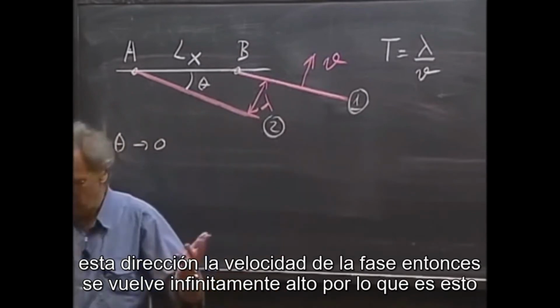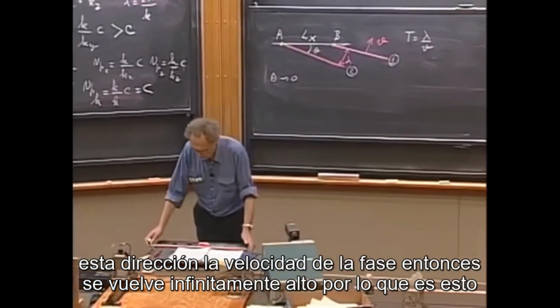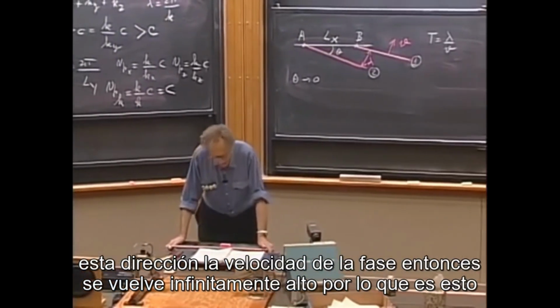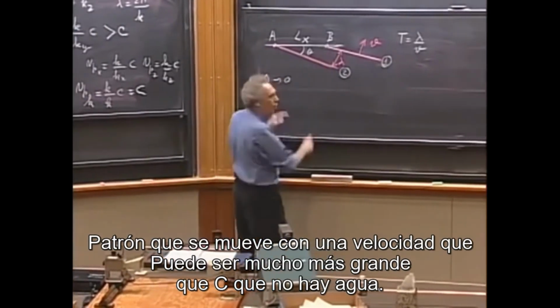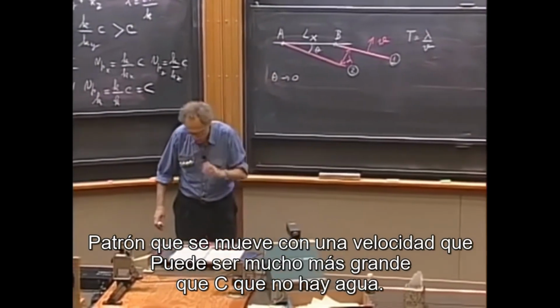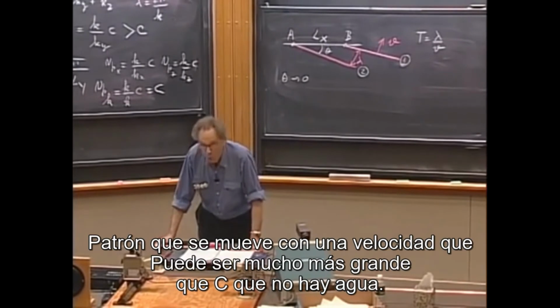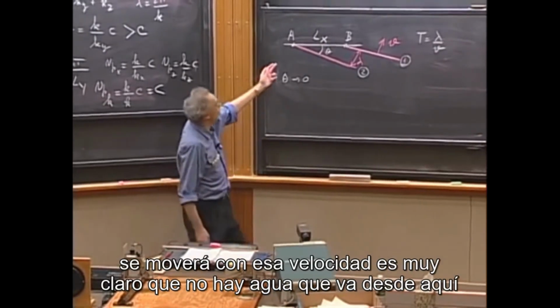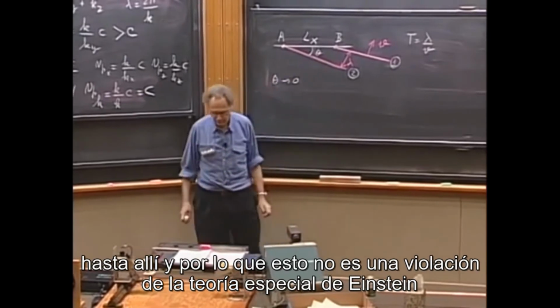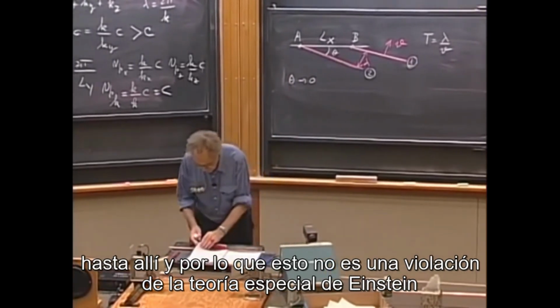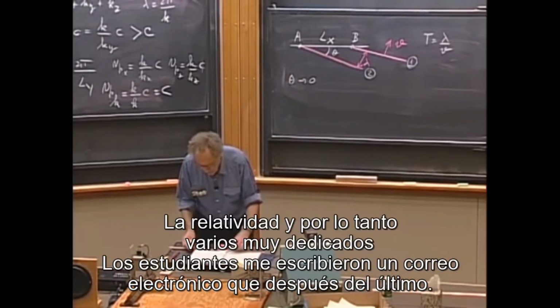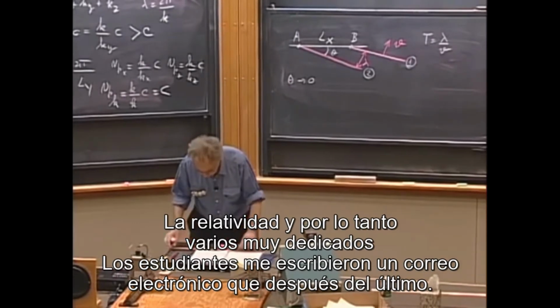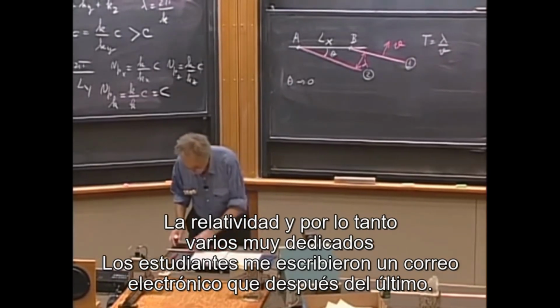And so if you express that in terms of a phase velocity in this direction, the phase velocity then becomes infinitely high. So it is this pattern that moves with a velocity that can be way larger than c, but no water will move with that velocity. It's very clear. There's no water going from here to there. And so this is not a violation of Einstein's theory of special relativity.